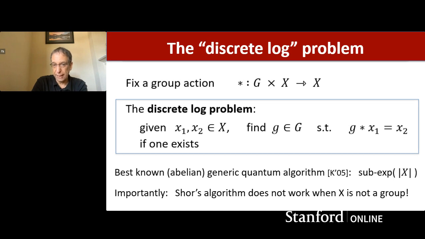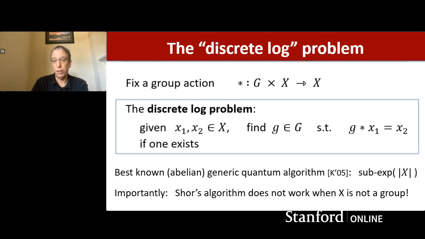If the set X is just a set, but is not actually a group, then Shor's algorithm does not attack these systems. The best known algorithm for attacking such systems is a sub-exponential attack due to Kuperberg, but the fast attack that we know of does not apply to these group actions.